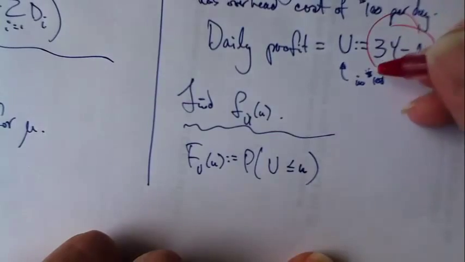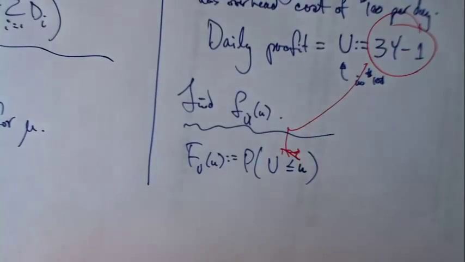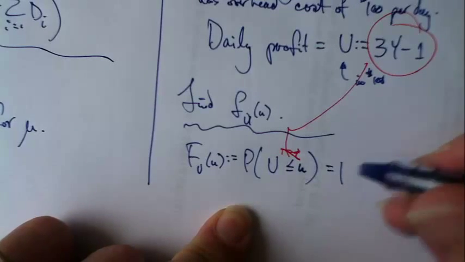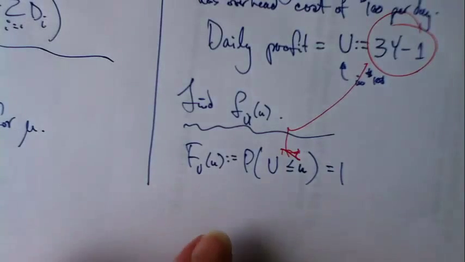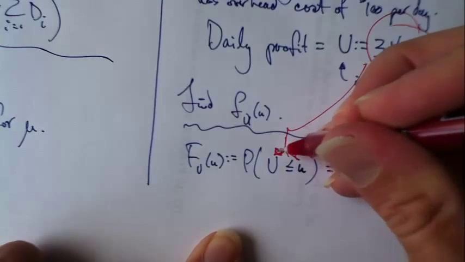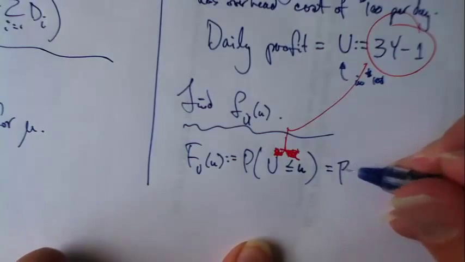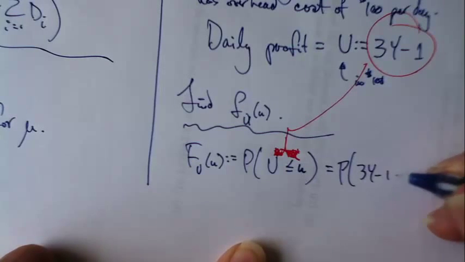That's the probability. And by u, I mean big U. It's just the probability that 3y minus 1 is less or equal to little u, right?